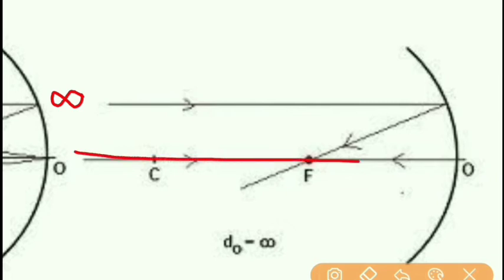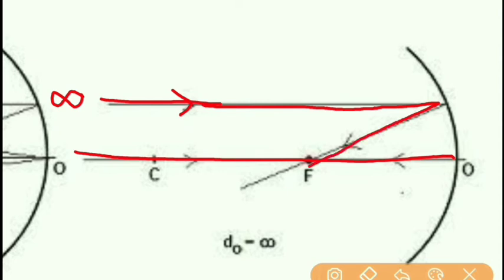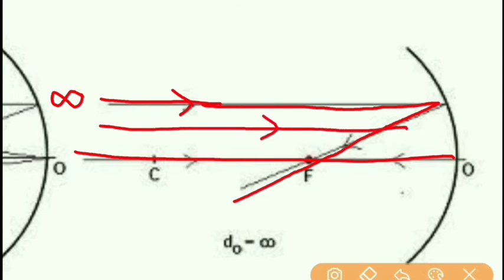As I said earlier, the ray which is parallel to the principal axis, after reflection will pass through the focus. If I consider another ray also coming from that object, that will be parallel to this, and after incidence it will definitely pass through the focus only.